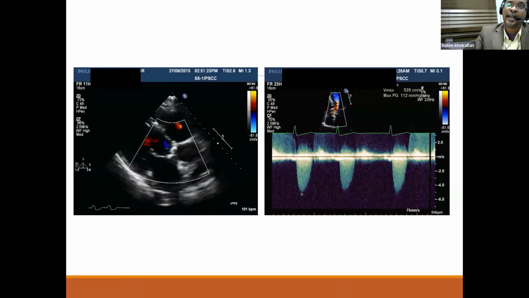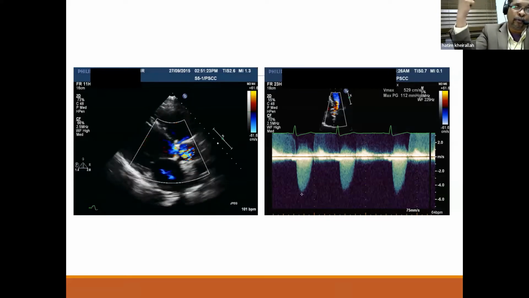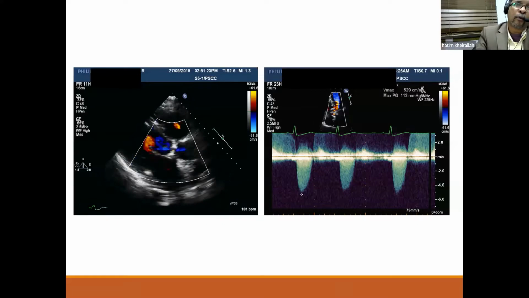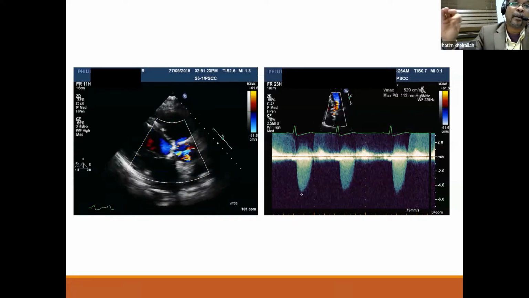So for paradoxical AS, you have to have two factors: normal ejection fraction, but the stroke volume calculation shows the stroke volume is lower than 35 per meter square.